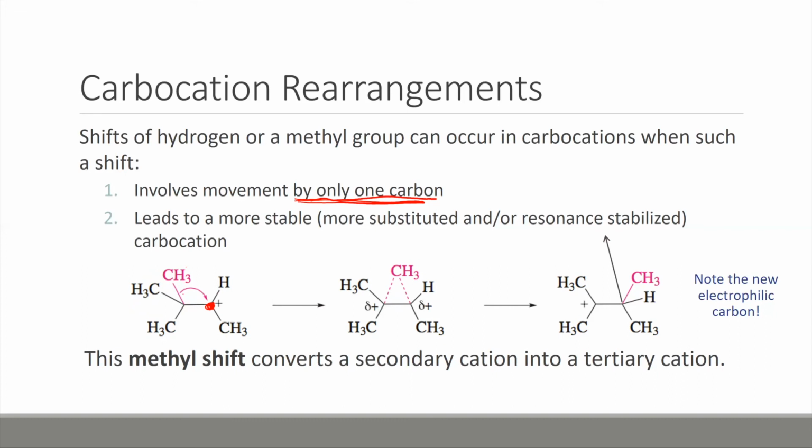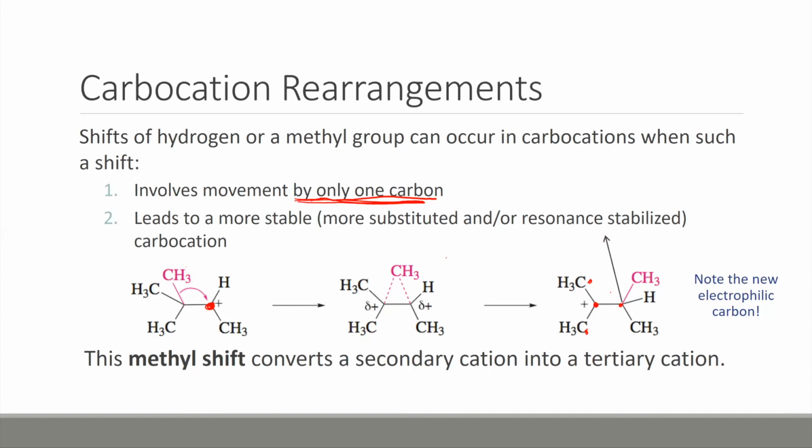If we were to shift a methyl from this side over to our carbocation, as shown here, now we have a methyl group here and our charge has moved to the opposite side, over here. Now this charge is on a tertiary carbocation. Here's the carbon it is on, and that carbon is bound to 1, 2, 3 other carbons. So the methyl shift converted a secondary cation to a tertiary cation.